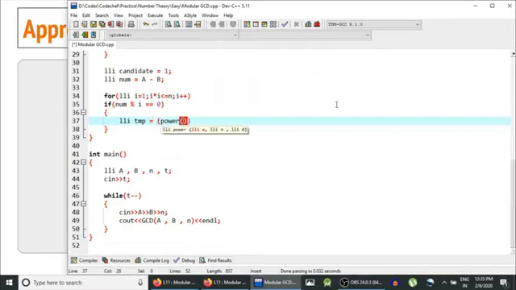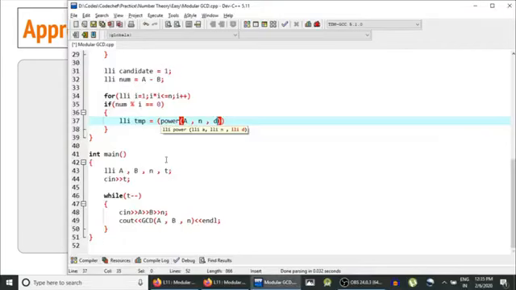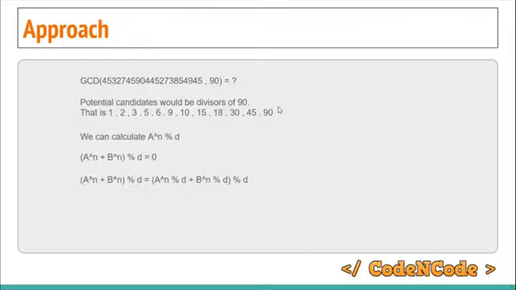We will calculate the power a raised to power n, but this time modulo d. And why is that so? Because as explained earlier, since i is the current divisor of this number, we have to see whether a raised to power n modulo i, plus b raised to power n modulo i, modulo i leaves 0 remainder or not.